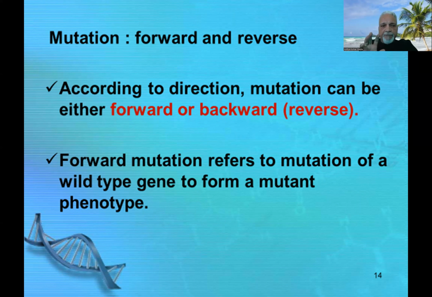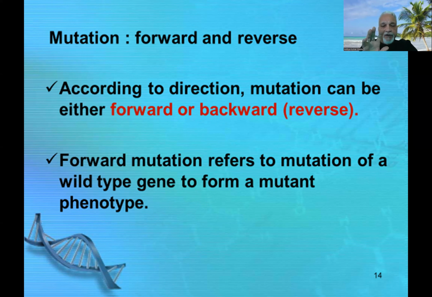Now, in this wild type population, when you observe a variation in an individual, which is different from the other wild type members, we call that a mutant because a change at the genetic level has happened, and we call it a forward mutation. That is from wild type to a mutant phenotype.